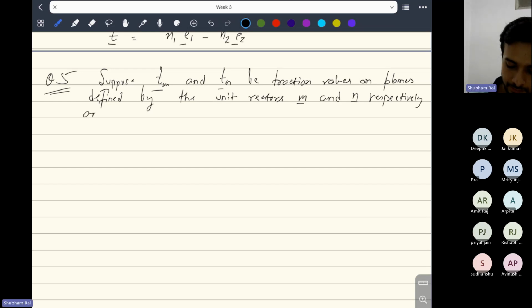And let's say these traction vectors are defined on a point, so they pass through the point P.